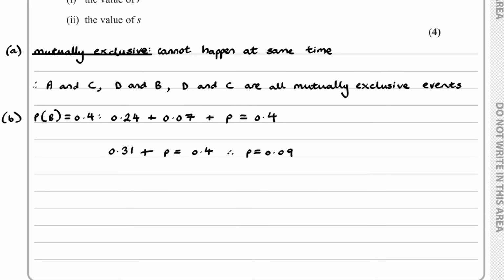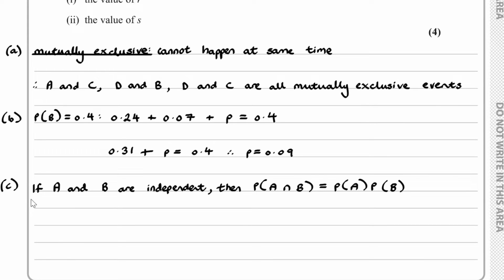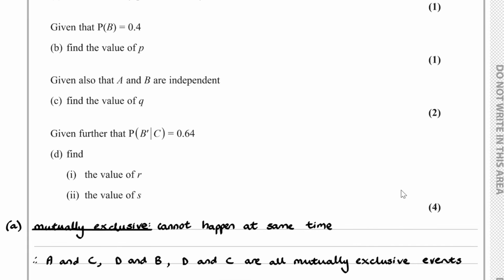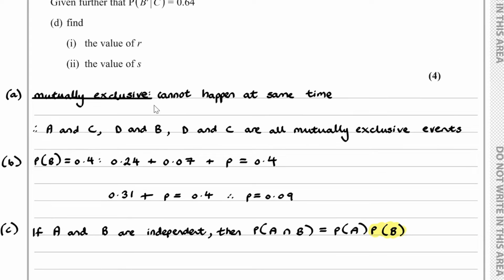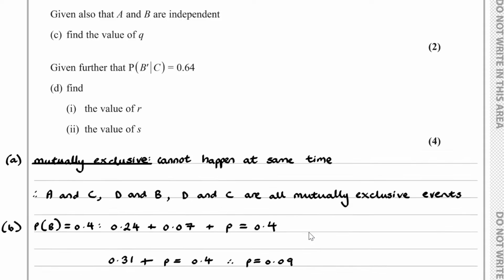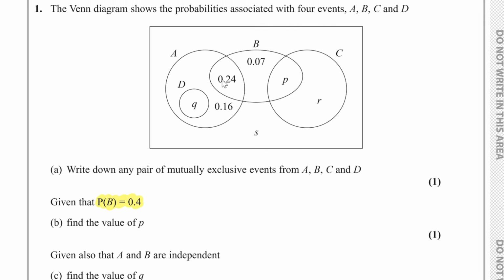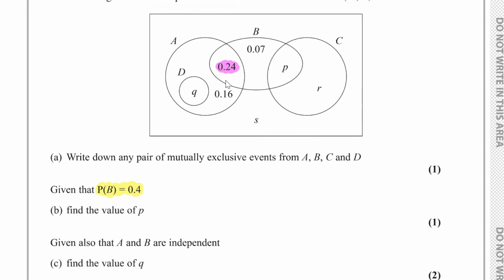So if A and B are independent, then the probability of A and B is equal to the probability of A times the probability of B. Now, so far, we know that the probability of B, that's given to us as 0.4. We can see over here the probability of A and B from the diagram, that's 0.24.